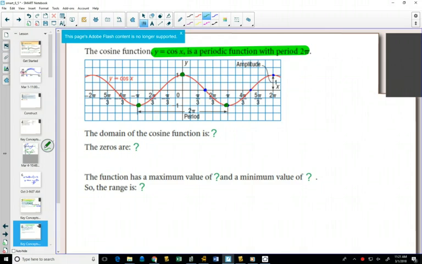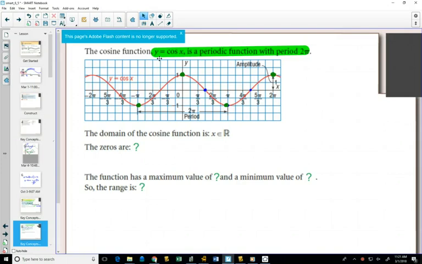Here I'm at a maximum. When's my next maximum? It's at 2 pi. So from that, it's really easy to see that the period is 2 pi. The domain of the cosine function is everything, just like the domain of the sine function is everything.